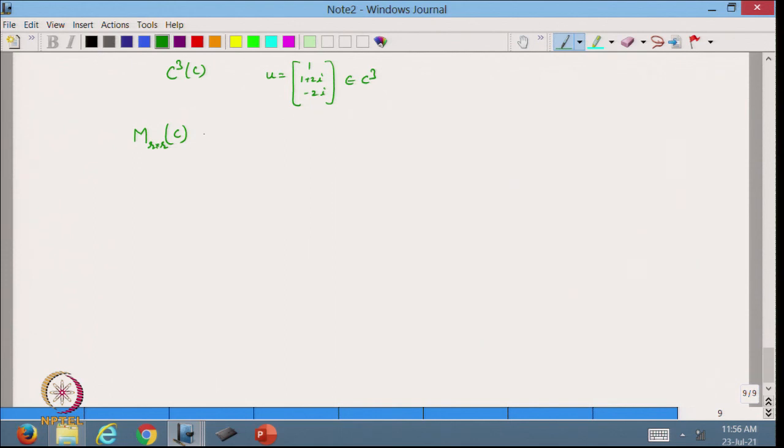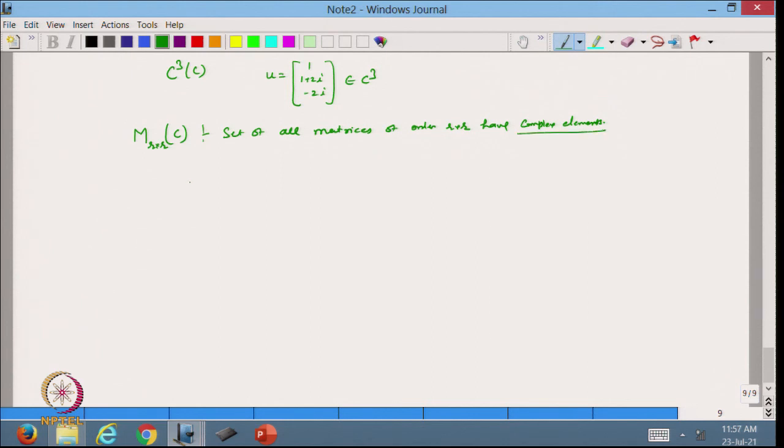For example, the set of all matrices of order R cross R having complex elements. Complex elements means complex numbers.